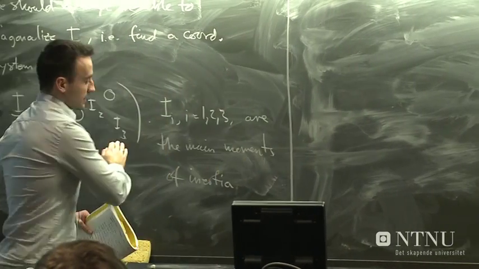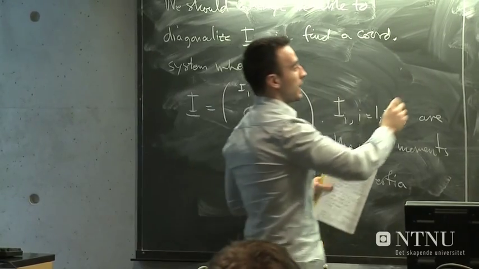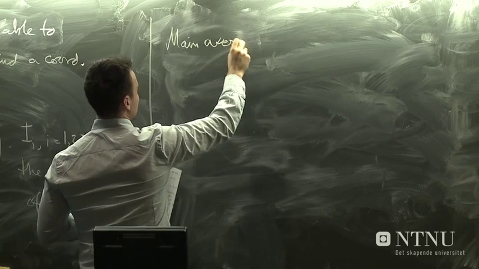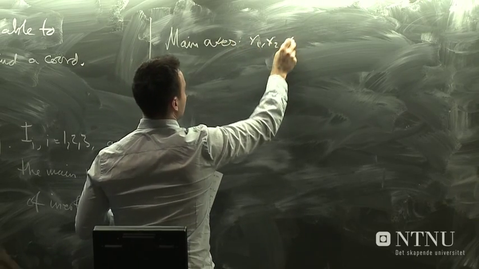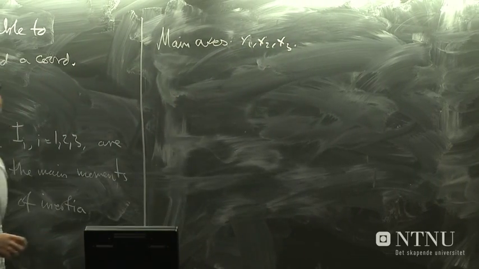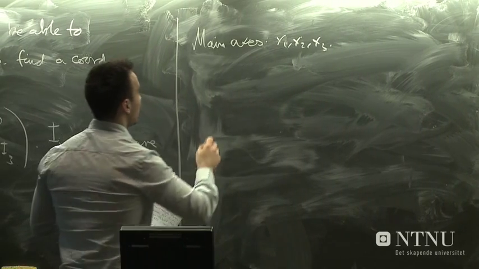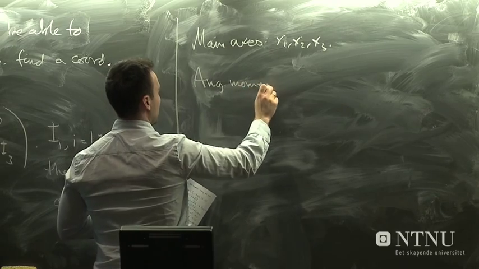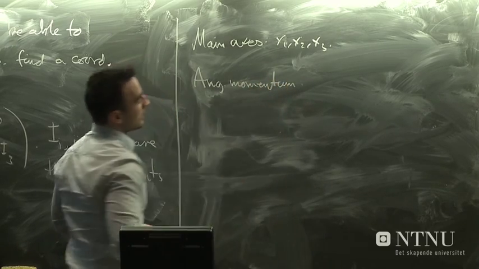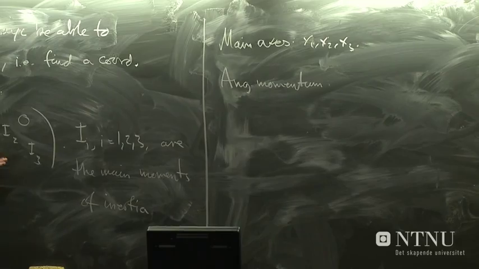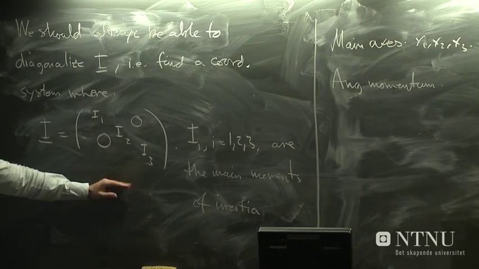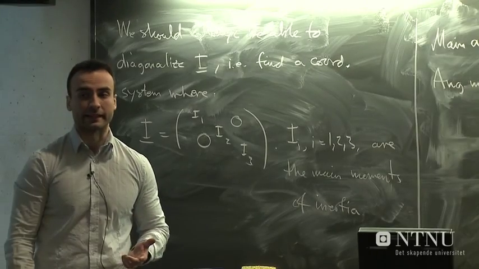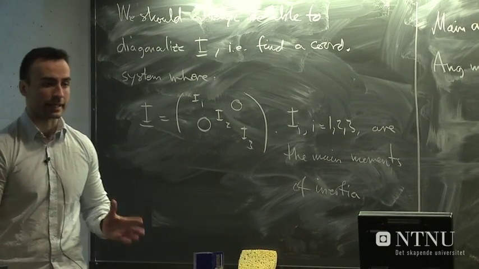So in this coordinate system, we have the main axes x1, x2, x3. And then precisely because this matrix of inertia is diagonal, both the angular momentum and the kinetic energy take a particularly appealing form.